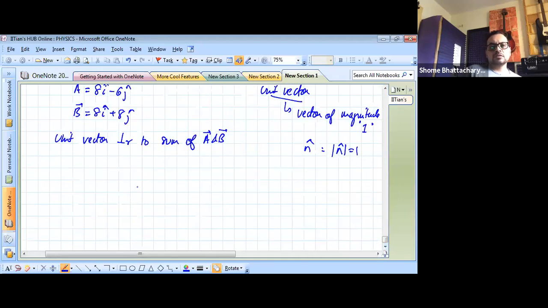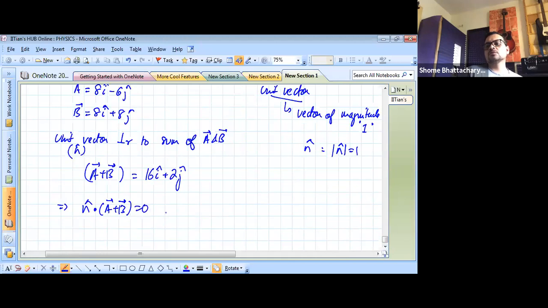So now you can see that first of all A plus B is becoming 16i cap plus 2j cap. Okay. So if this unit vector is n cap, that means n cap's dot product with A plus B should be equal to 0.